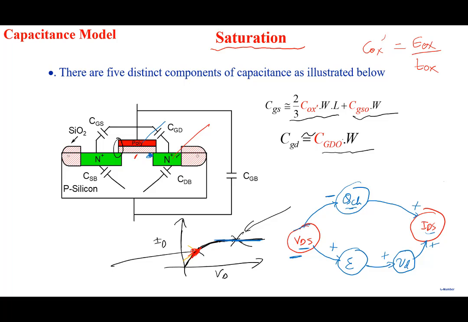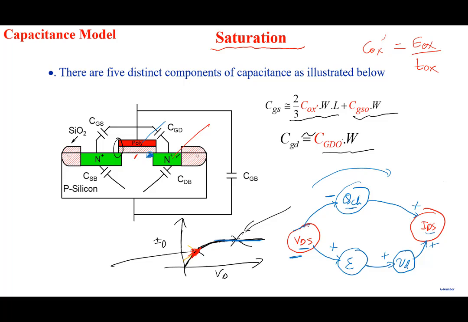Drain has no control over the current. If it's already pinched off, you can keep on reducing the channel charge, but eventually if something becomes zero, that's it. You can't make it negative, right? So this path is no longer active.